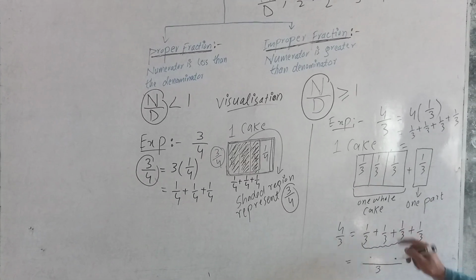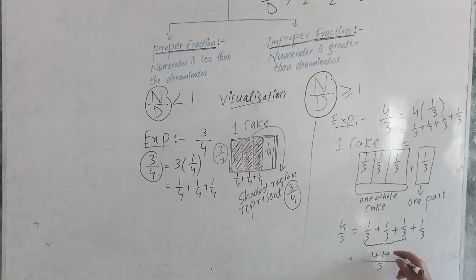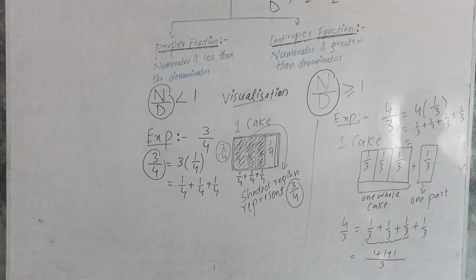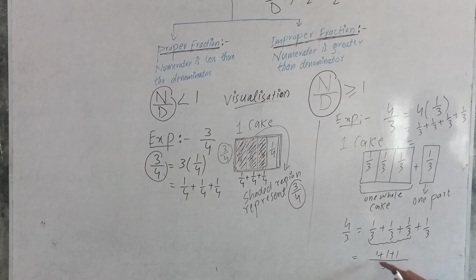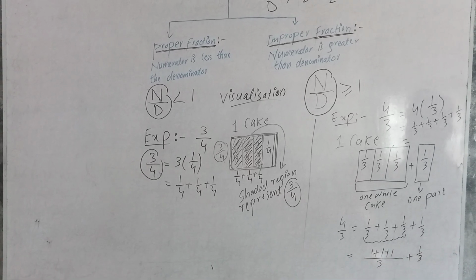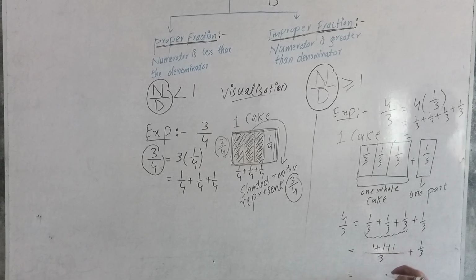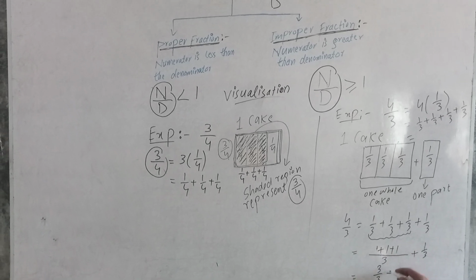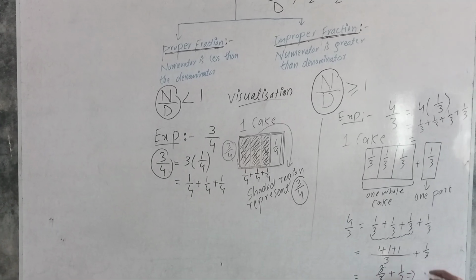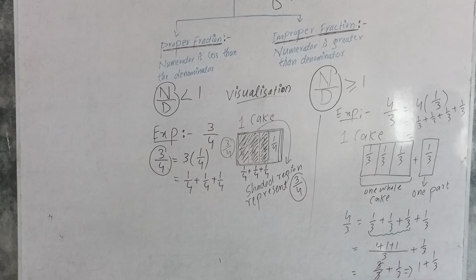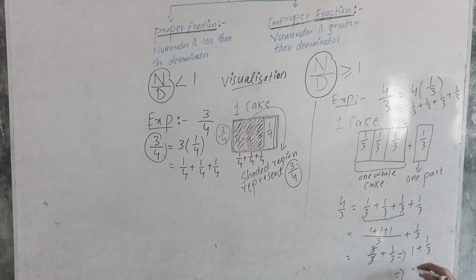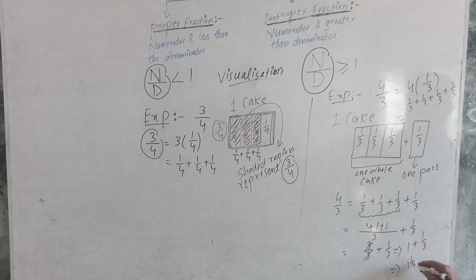Add 1 plus 1 plus 1, because the denominator of these three fractions is 3. Therefore, 1 plus 1 plus 1 divided by 3, and then plus 1 by 3. So 1 plus 1 plus 1 equals 3 divided by 3, plus 1 by 3. This implies the 3s cancel, leaving 1 plus 1 by 3. So we can also write this in the form of 1 and 1 by 3.